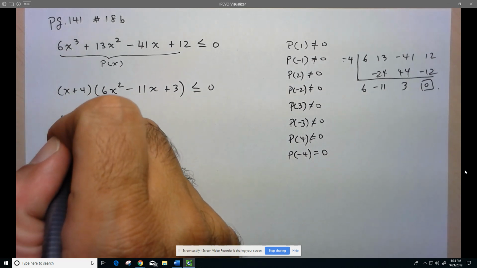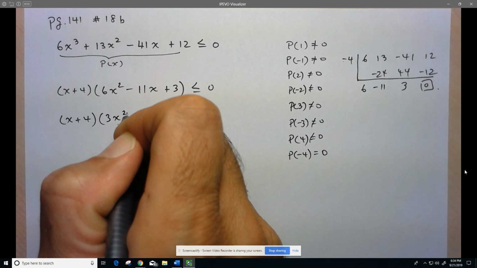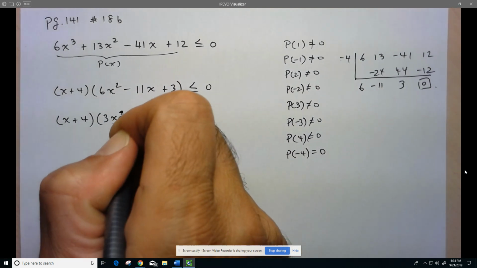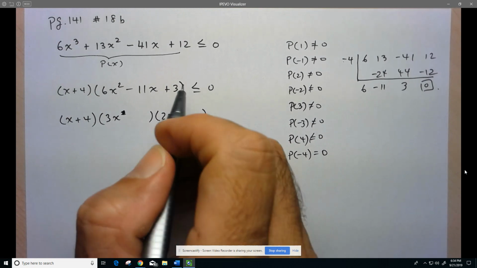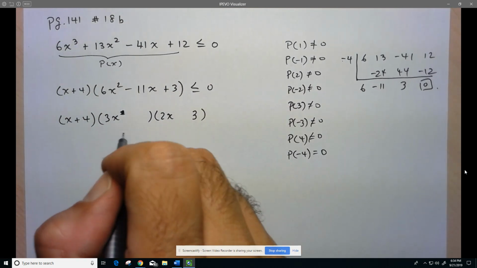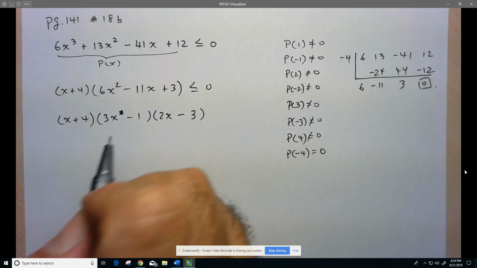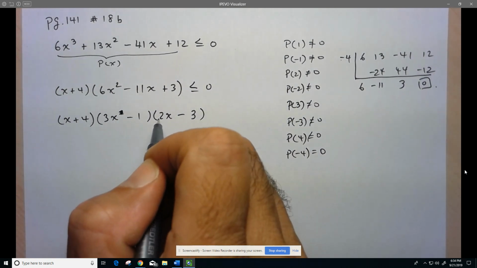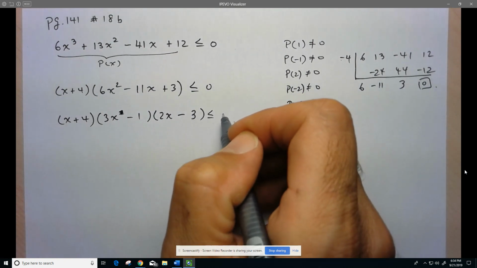So that actually will factor nicely here. So I'm going to have 3x and 2x. And here I want the 3 to multiply the 3. That's going to give me my negative 9. And then I'm going to put my 1 here, minus 2, negative 11. All right, less than or equal to 0.